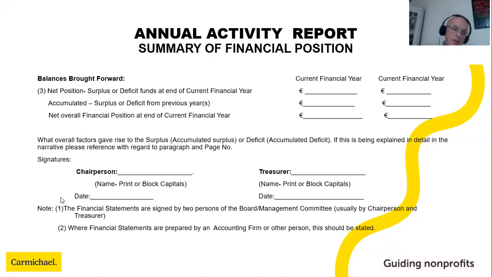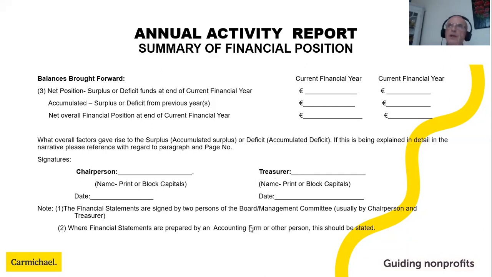Your annual report, of course, has to be signed by the chairperson and by a member of the board, usually the treasurer. They are signed by two persons from the board of management of the committee, usually the chairperson and the treasurer. Where financial statements are prepared by an accounting firm or other person, this should be stated.